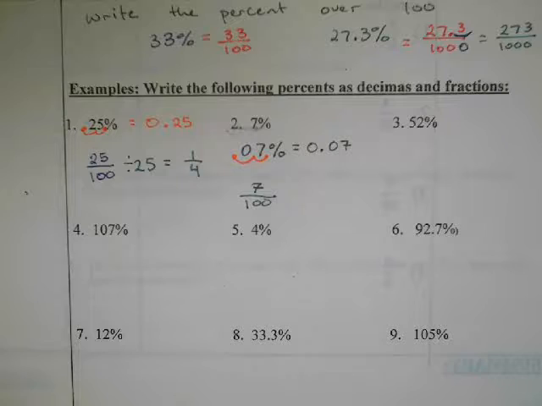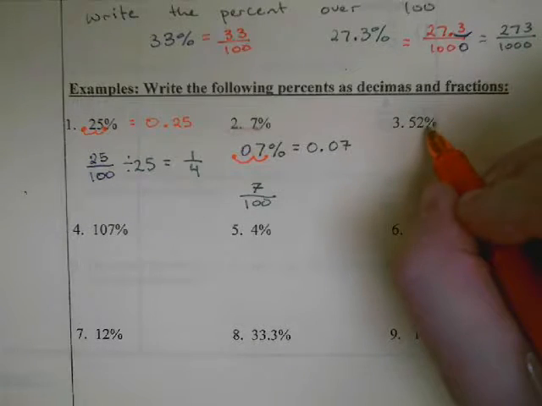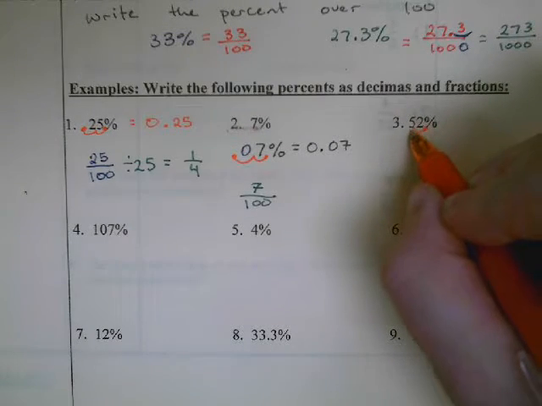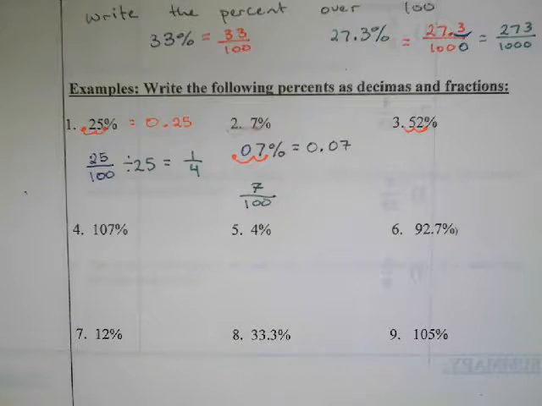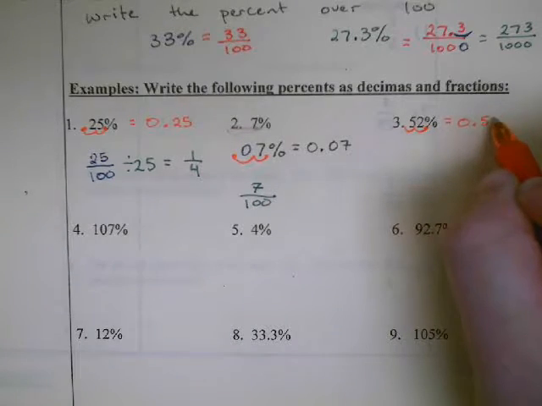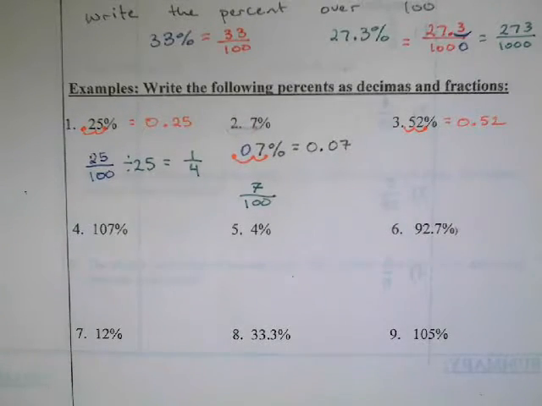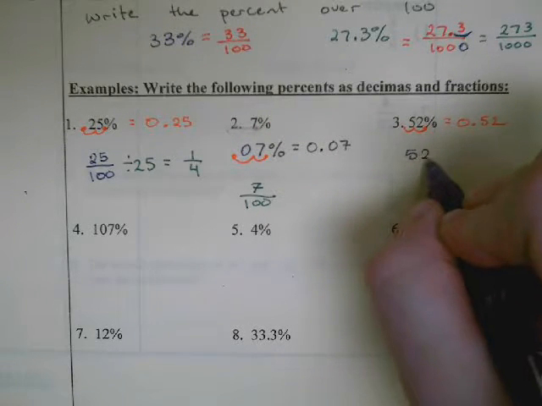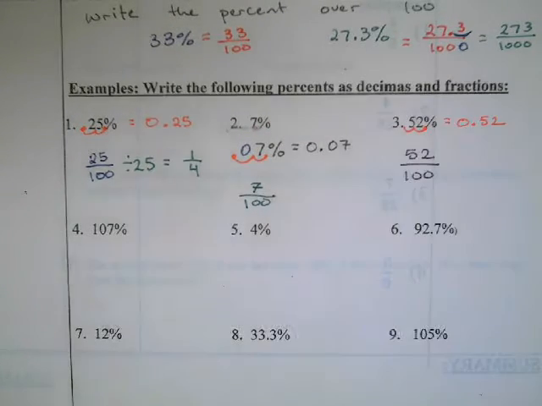Number 3, we'll take that hidden decimal, move it over twice, and we'll get 0.52. Or we could write it as a fraction when we have 52 over 100.